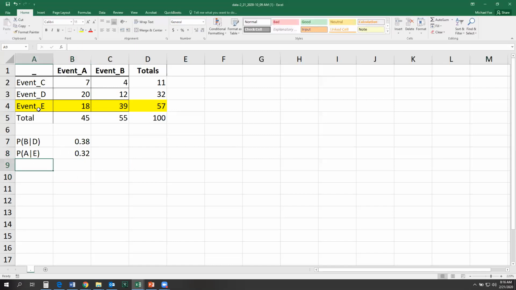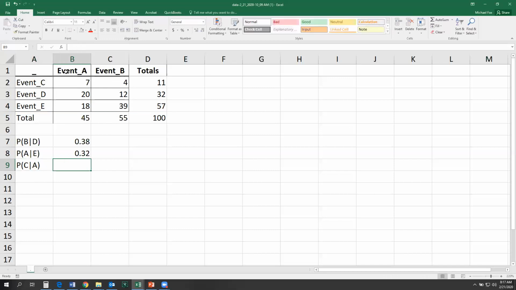And one more example is, we could say, what's the probability of C given A? So if a question was worded like that, I would say, okay, the probability of C given A. So again, I'll say, well, what's the given?